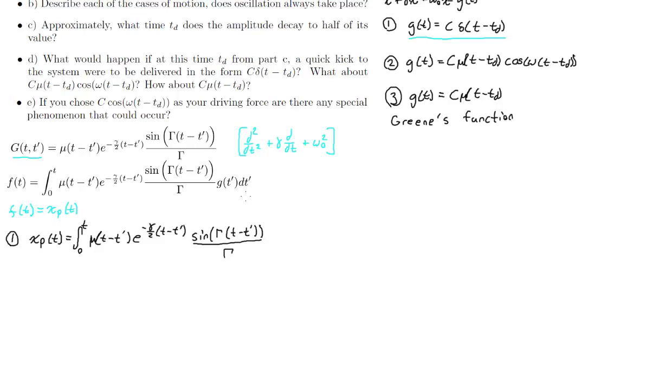And then our g of t prime is going to be c times the Dirac delta function of t prime minus t sub d, and then dt prime.